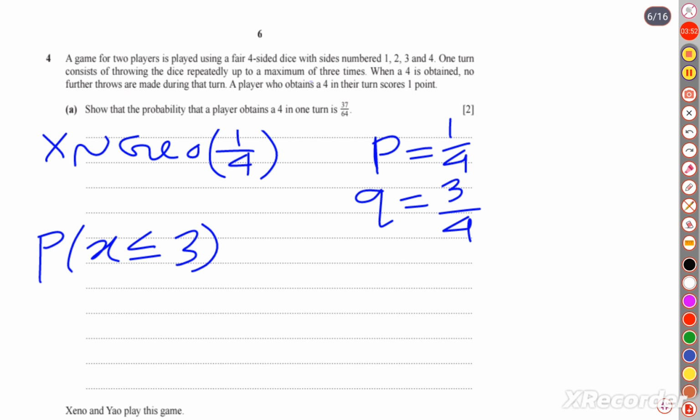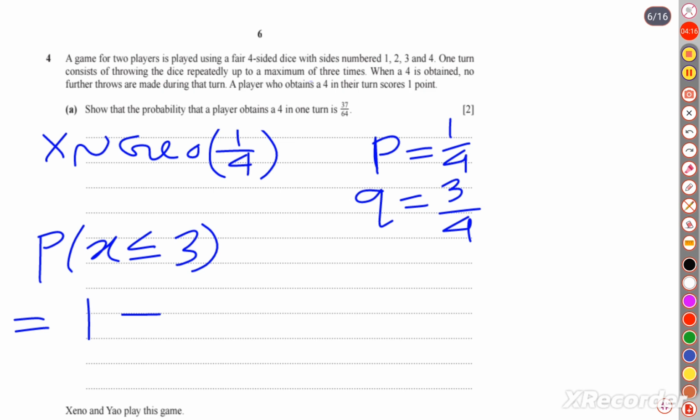In such cases, we can write the probability of X less than or equal to 3 throws. So the formula for such cases is 1 minus failure. That means total probability is 1. From total probability we will find how many times he might fail.